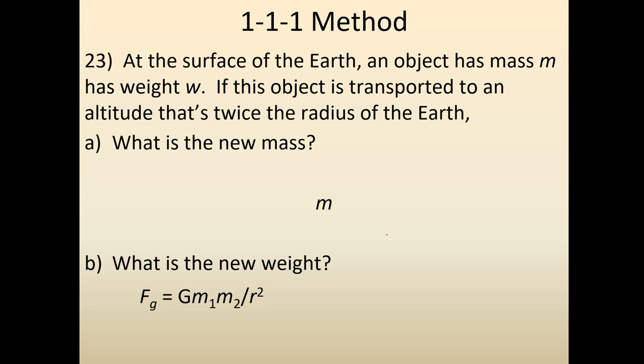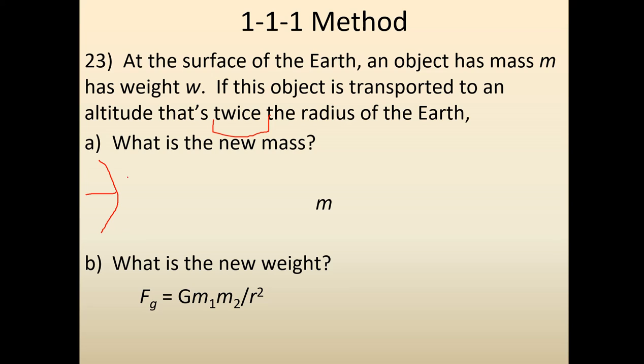Now, here's the thing. We know that the G, the M1, and the M2 should all be ones. But what do I plug in for R? A common thing that people will do is they'll see this word twice and think that R becomes 2. But let's draw a before and after picture.